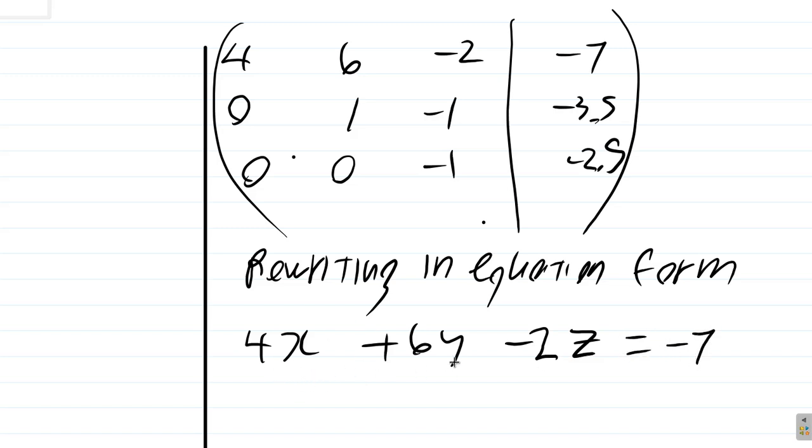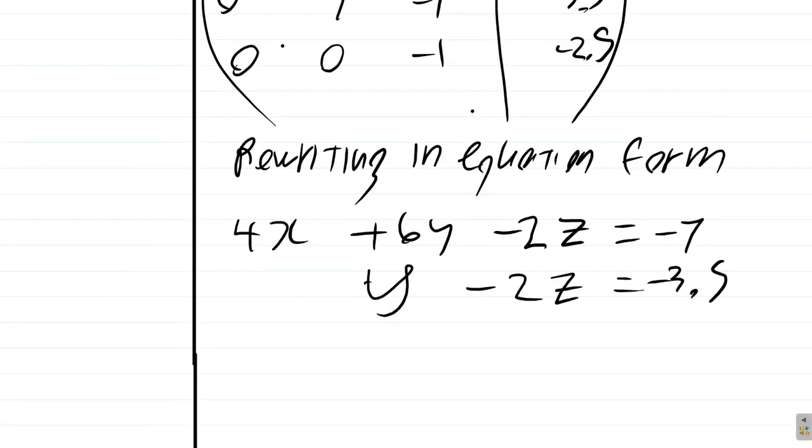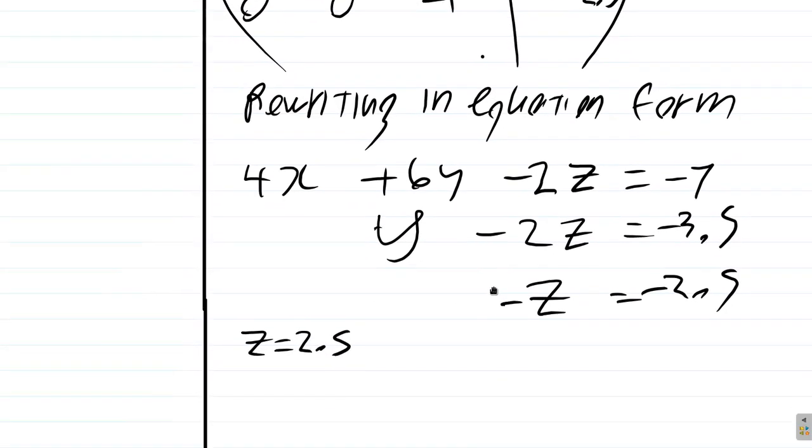I won't bother to write the 0x. Plus y, it's 1y, minus 2z equals negative 3.5, and negative z equals negative 2.5. So we find z is equal to 2.5. Negative z is negative 2.5, so positive z is positive 2.5.